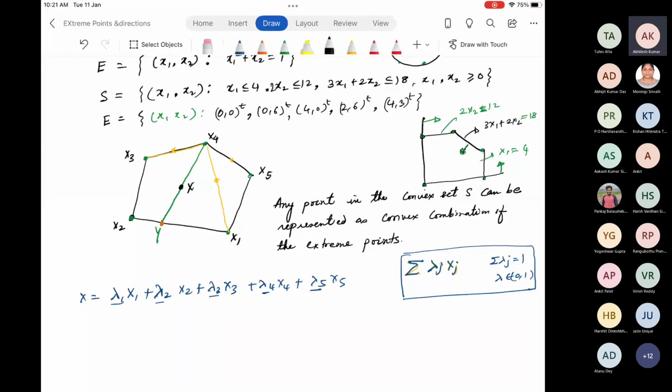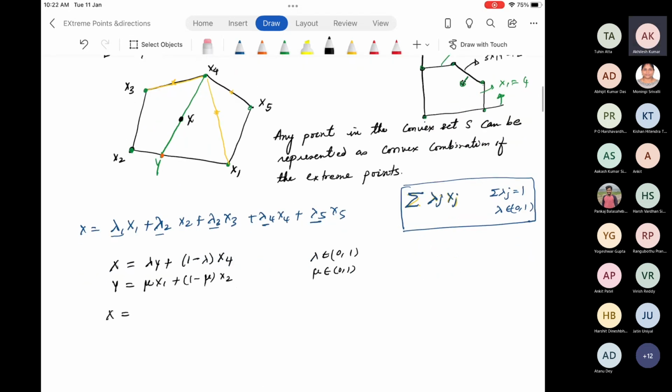So mathematically, suppose x equals lambda y plus 1 minus lambda x4, where lambda belongs to [0, 1], and if I define y as, let's say, mu x1 plus 1 minus mu x2, again mu belongs to [0, 1].